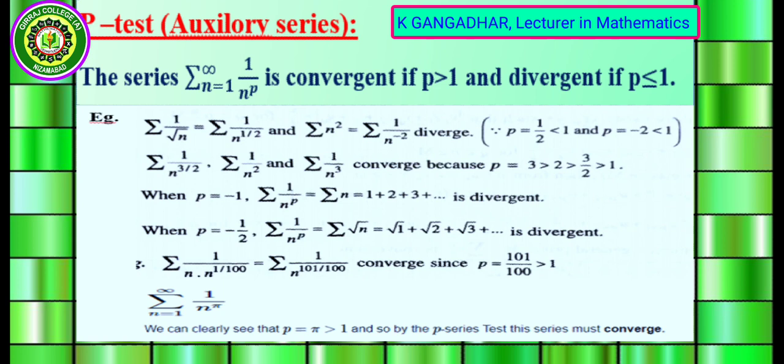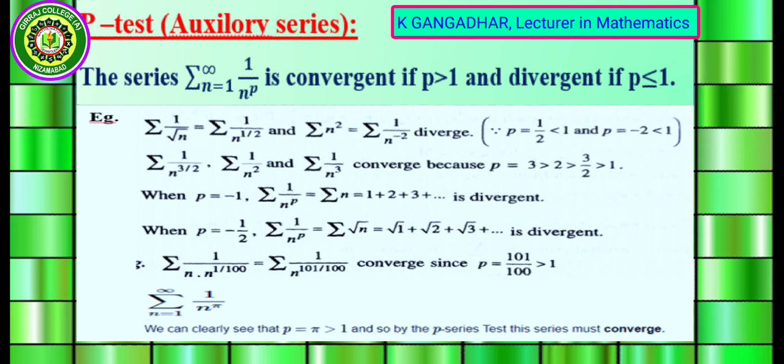Next one, when the p value is minus 1, which is less than 1, that series is also divergent. With p equal to minus 1 by 2, that's sigma root n, which is sigma 1 by n power minus 1 by 2. Less than 1 means the series is divergent.